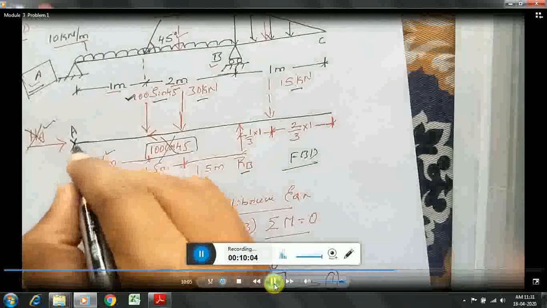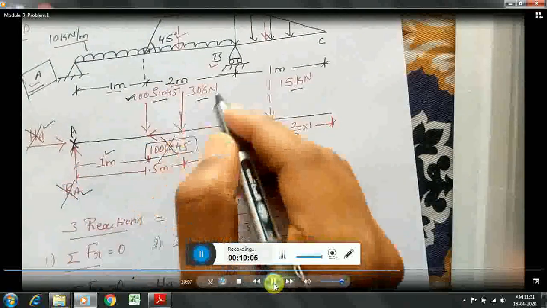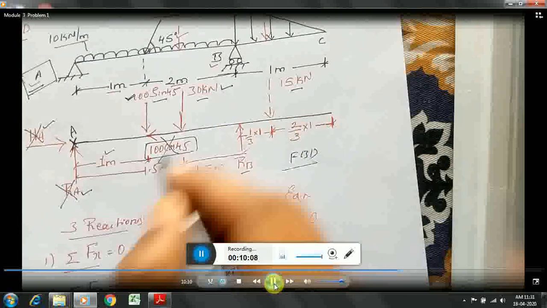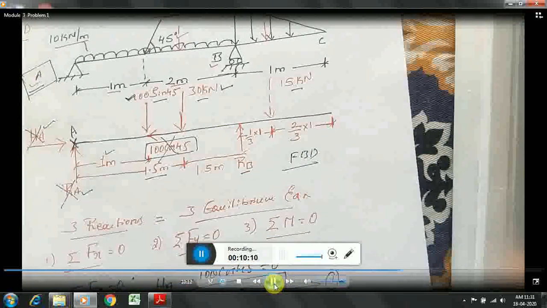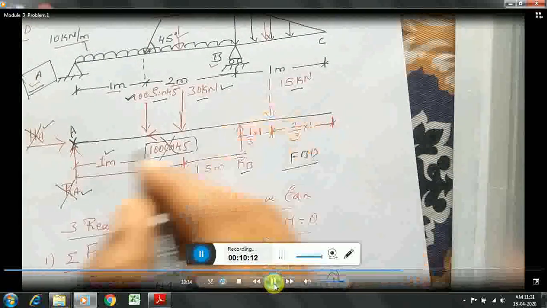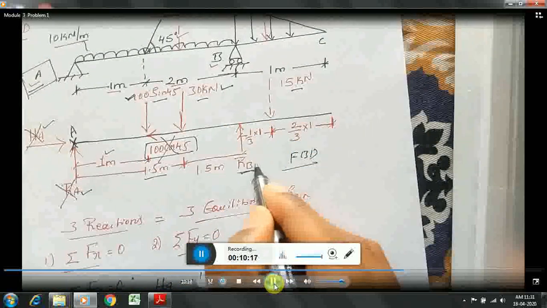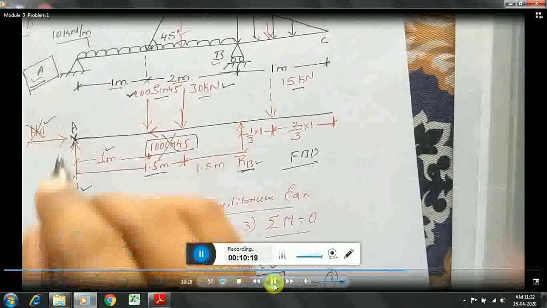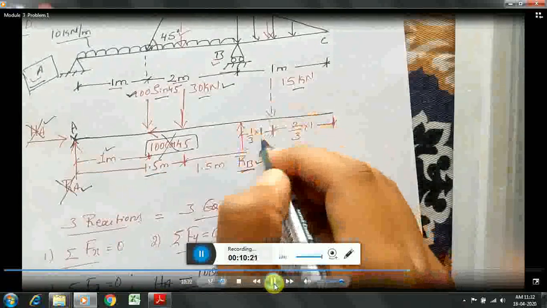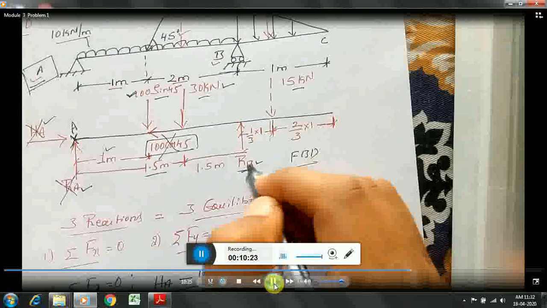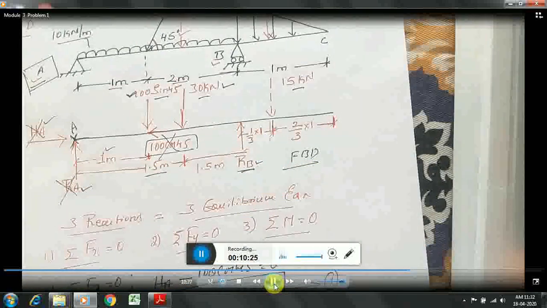Then A is the moment center, line of action of force is downwards, and this force creates moment, and the lever arm is 1.5. Then A is the moment center, the line of action of force is upwards, so this force creates moment. Then A is the moment center, line of action of force downwards, and this is having a perpendicular arm, and it will create a moment.